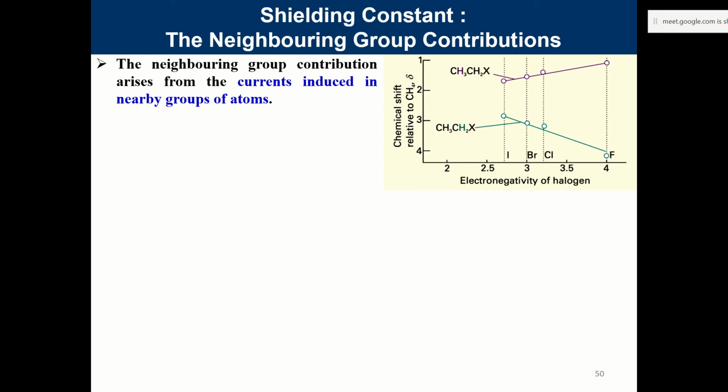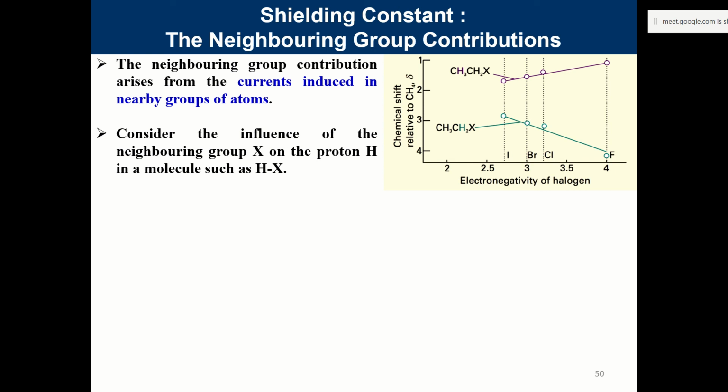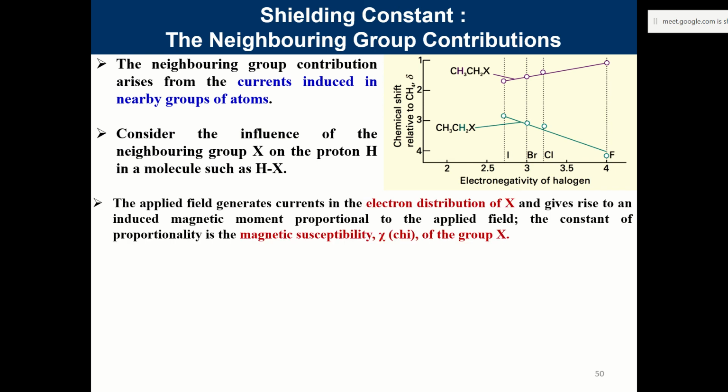So let's see what happens. We have to look at the current induced in the nearby group of atoms and how they affect the proton of the neighboring HX, that is, the electron distribution of X. When you apply a magnetic field, it generates a current, the circulation of electrons belonging to X, and gives rise to an induced magnetic moment proportional to the applied field.